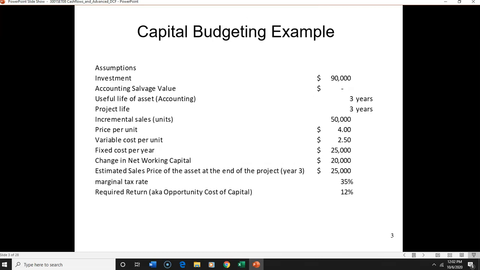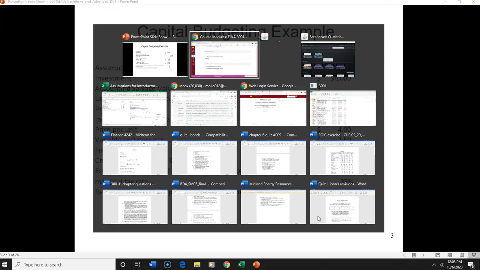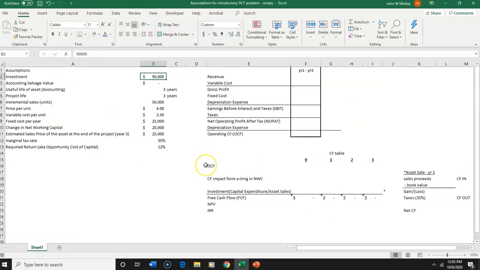Okay, so I'd like to start this set of notes out with a capital budgeting example. I've got this information here. What I'm going to do now is reprint those assumptions right here, with the thought that I want to show you how these assumptions will lead into a cash flow analysis, okay?